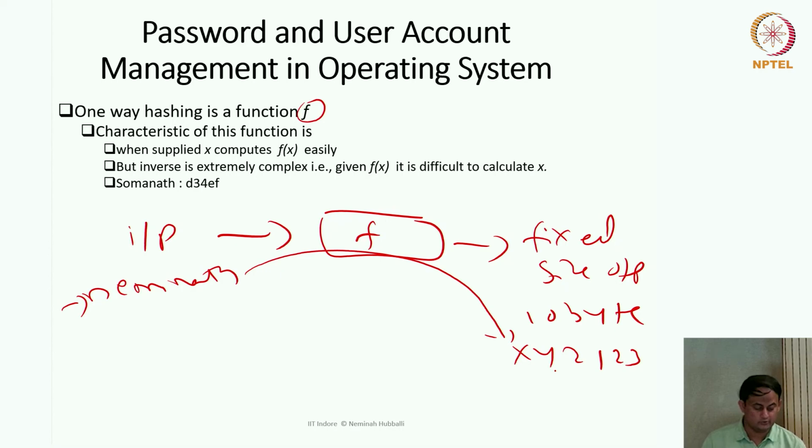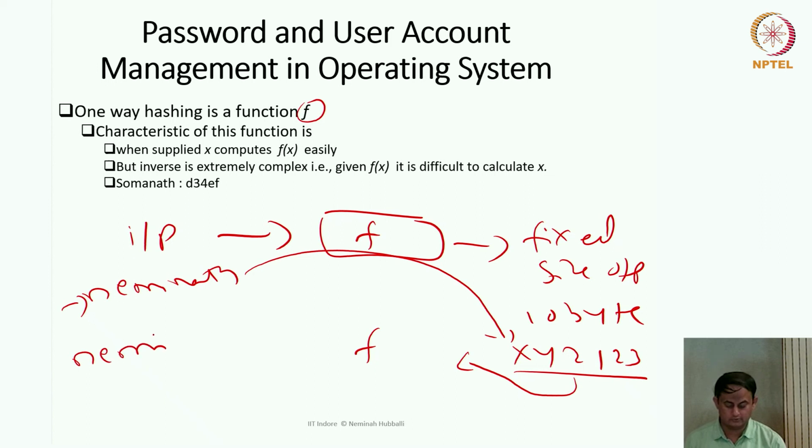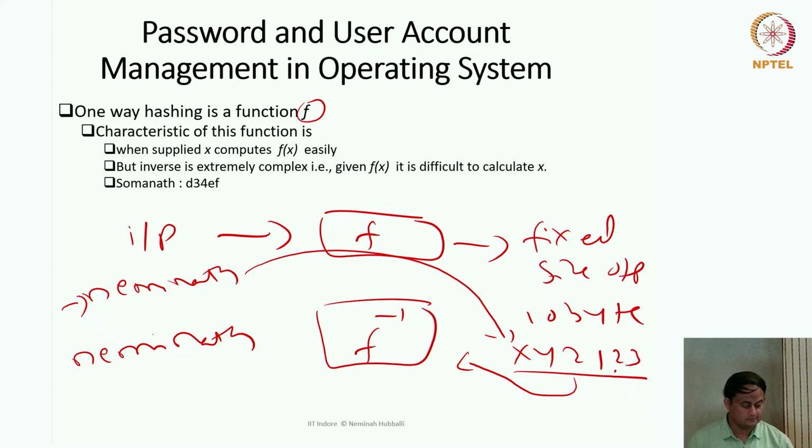Transforming the input and mapping it into some output is an easy operation. But what is interesting is, if I want to go back from this output to the original input, this is called the inverse operation, finding it is actually a very difficult task.